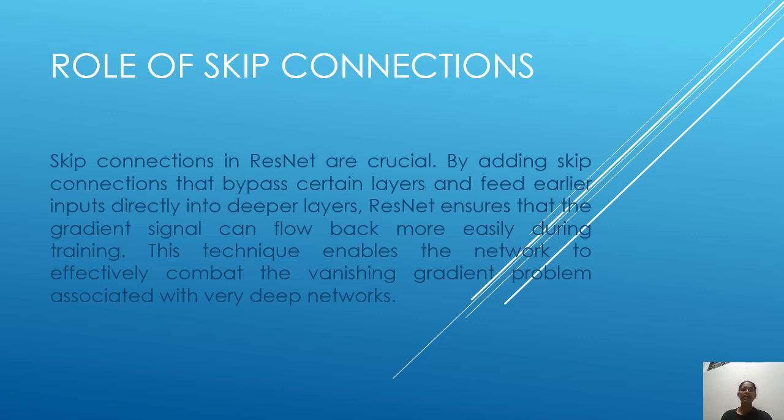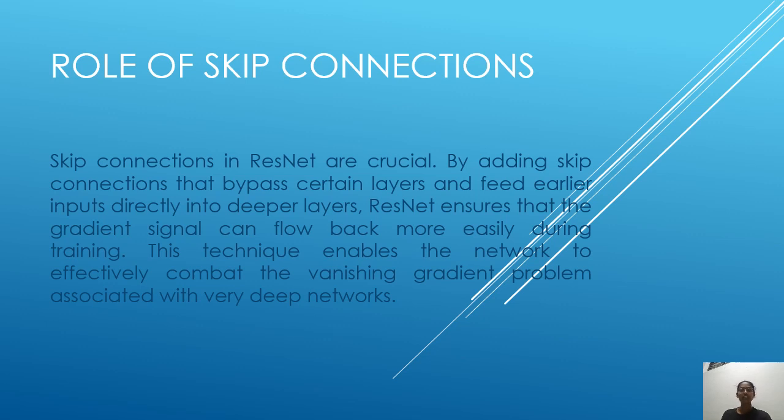By adding skip connections that bypass certain layers and feed earlier inputs directly into deeper layers, the residual network ensures that the gradient signal can flow back more easily during training. This is the role of the skip connections.